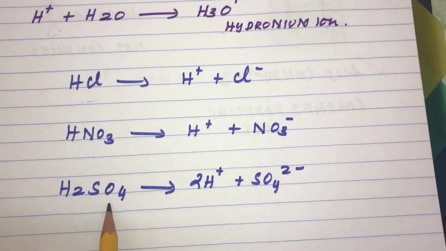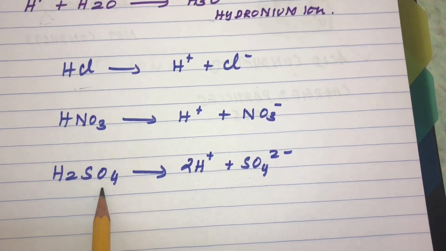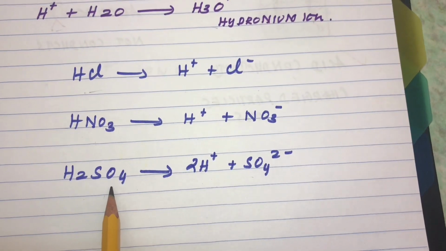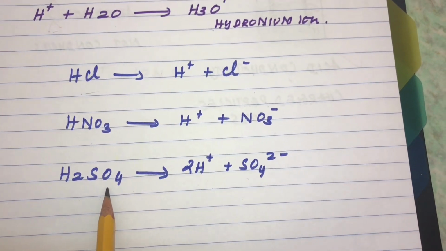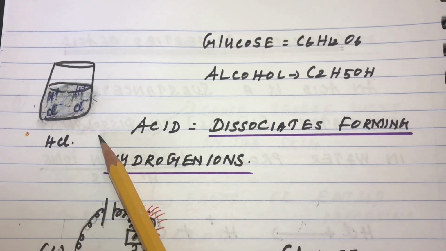So an acid is generally defined as a substance which gives H plus ions in solution on ionization.